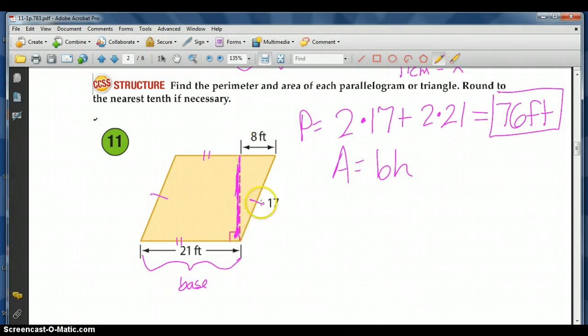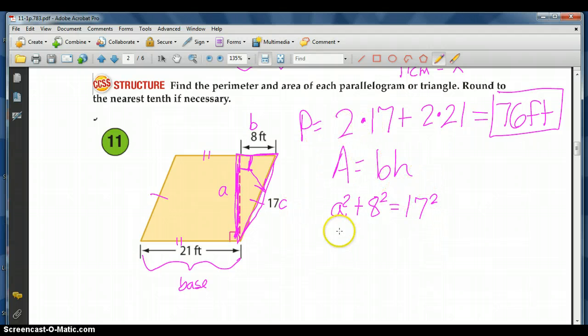So to find this length, we have a right triangle. So we can use Pythagorean theorem to find the height. So if I call this A, this is my B, and this is my C because it's opposite the right angle. C is always opposite the right angle. So Pythagorean theorem would be A squared plus 8 squared is equal to 17 squared.